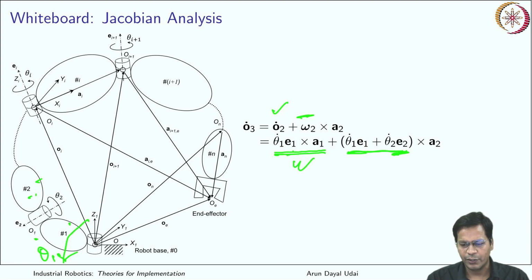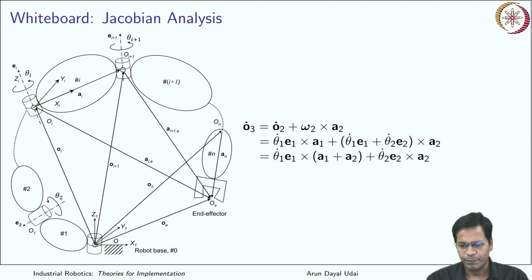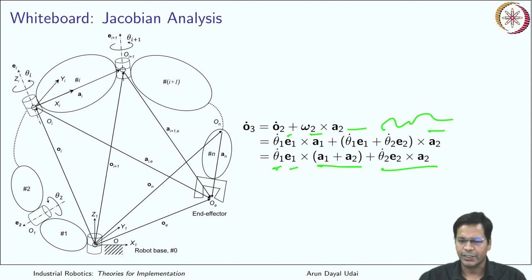So this is your omega 2 cross the length of this link, which is A2. Got it? So now I will simply rearrange that. I have put theta 1 dot E1 together and cross product with A1 plus A2 in this bracket, and the last remaining term comes here. It's simply rearranging.